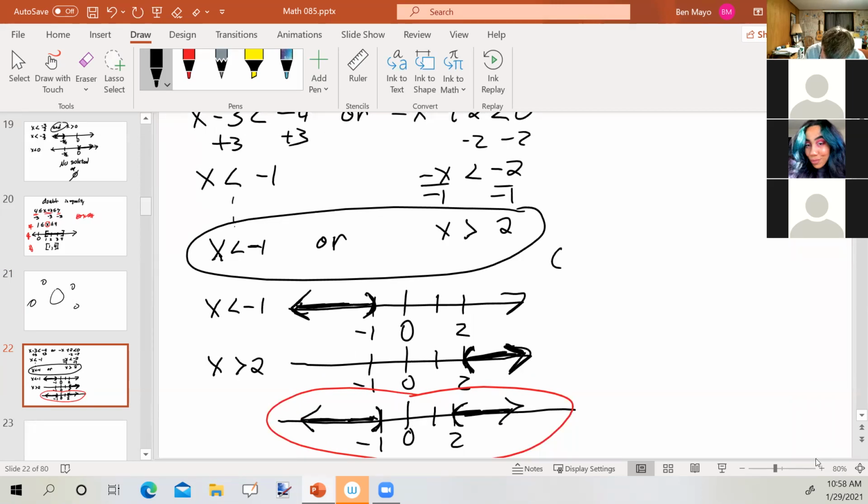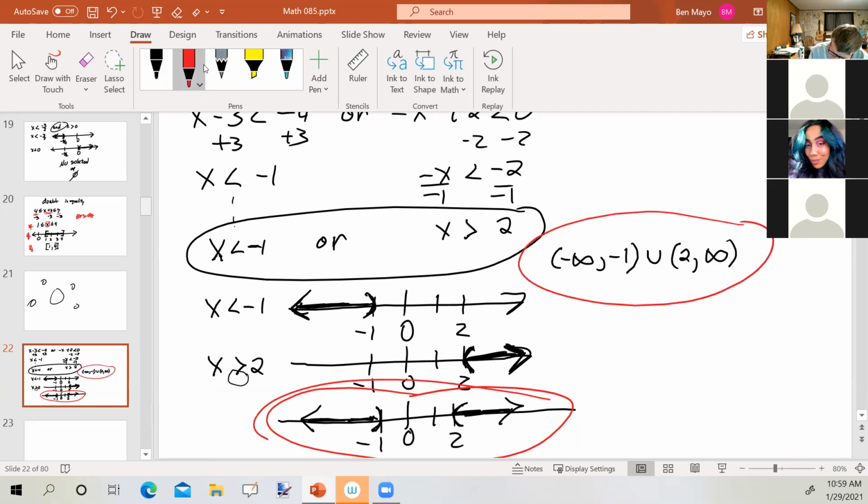I'm going to go from -infinity up to, but not including -1, because it doesn't have an equal sign there, in union with, starting after 2, going to +infinity. So that's how I'm going to write this answer using interval notation. Recall that came up the other day back in 8.2 when we were talking about domain, and there was a certain x value we wanted to exclude, and so we did this.